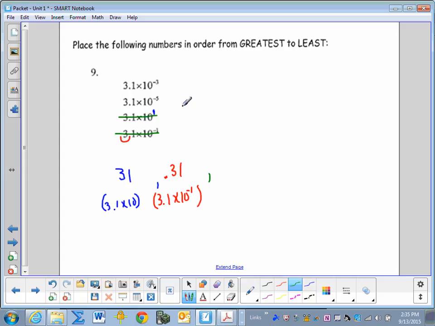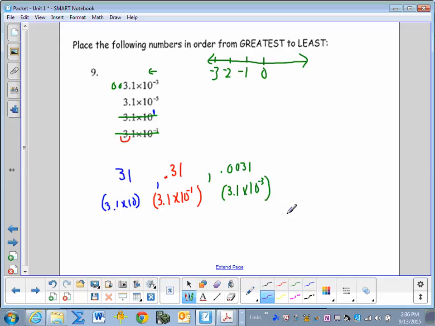Which number is bigger, negative 3 or negative 5? If we remember our number line, we have a 0 here, and we go negative 1, negative 2, negative 3, negative 4, negative 5. So negative 3 is bigger. It's a negative, so we're going to move the decimal to the left. 1, 2, 3. So that's going to be 0.0031, which is the same as 3.1 times 10 to the negative 3.